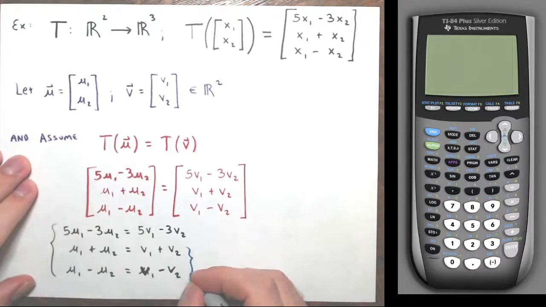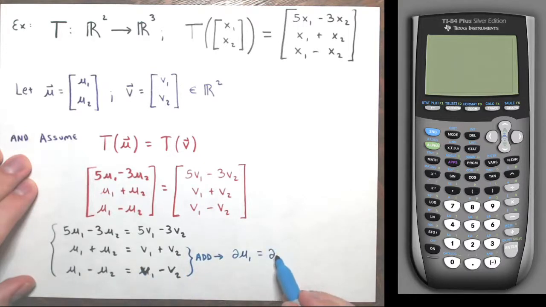If you were to add equation 2 and equation 3 together, on the left side the u2 and negative u2 would go away. You'd have 2u1, and on the other side the v2s would go away, so you'd have 2v1, and dividing both sides by 2, you'd be able to show that u1 must be equal to v1.